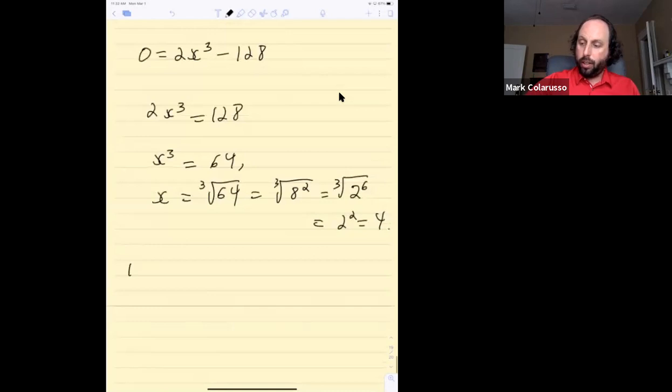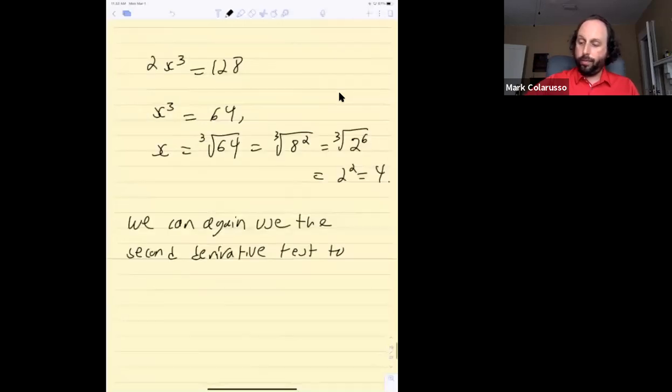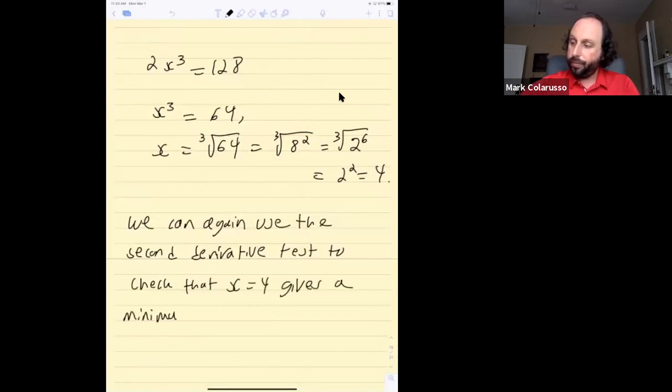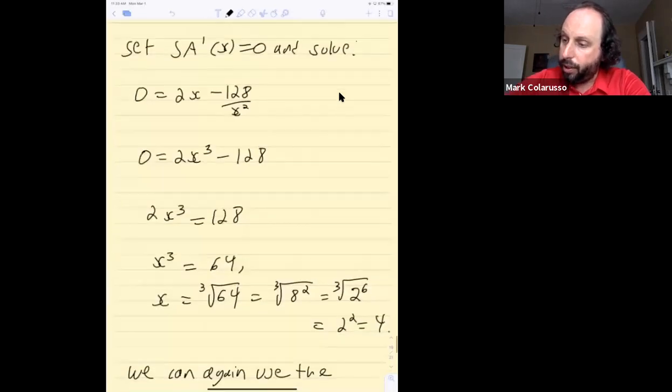So we can again use the second derivative test to check that x equals 4 gives a minimum, and we just need to get the first derivative. There it is.